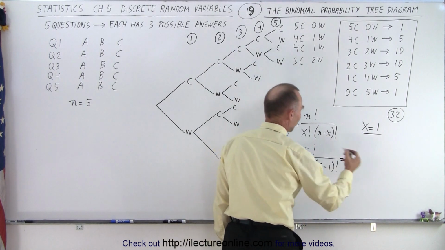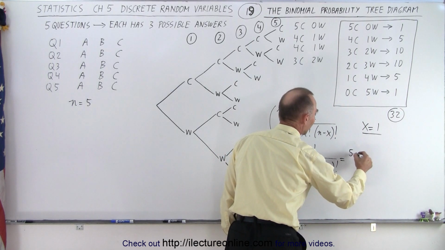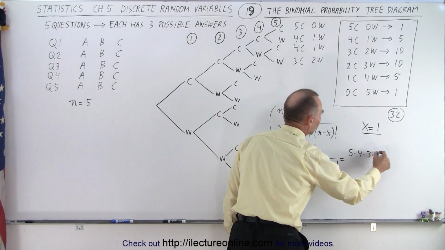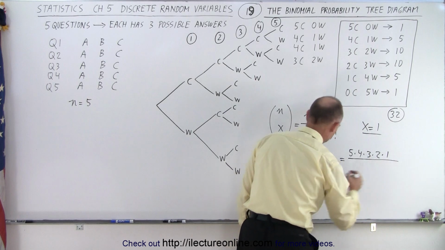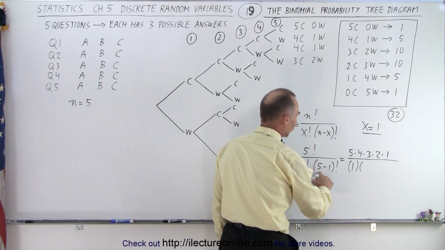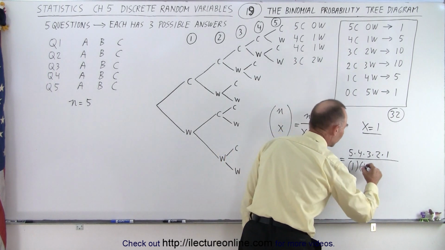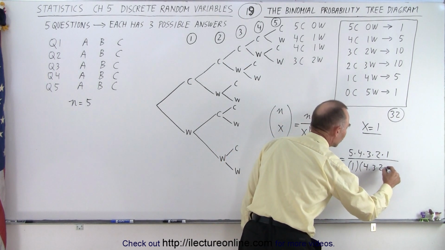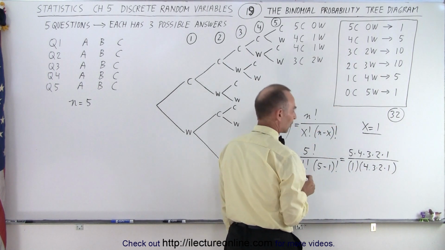So this would be 5 factorial, which is 5 times 4 times 3 times 2 times 1, divided by 1 factorial, which is 1, and divided by 5 minus 1, which is 4 factorial, which is 4 times 3 times 2 times 1, like this.